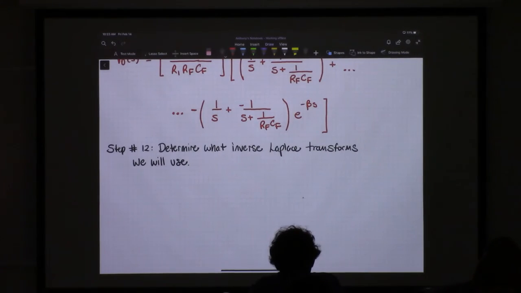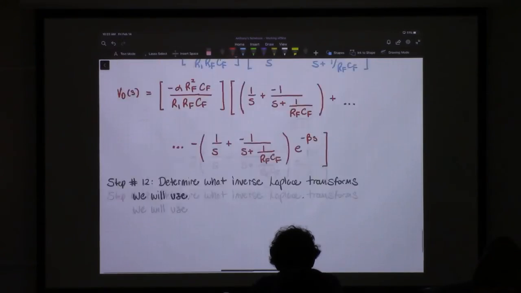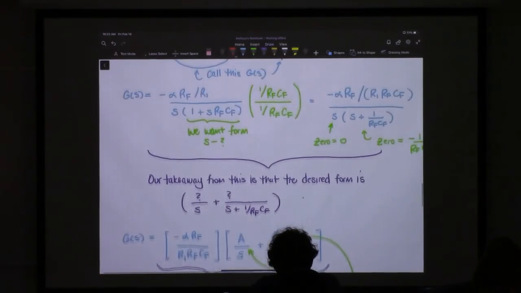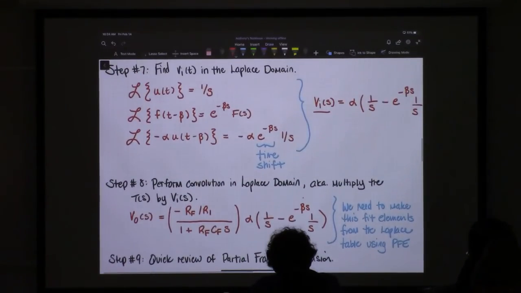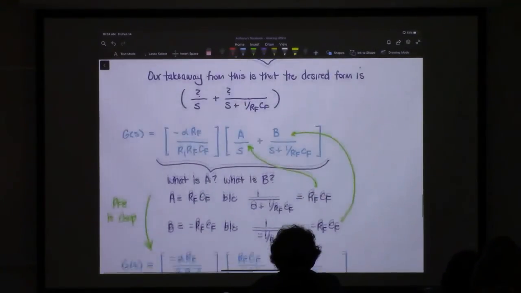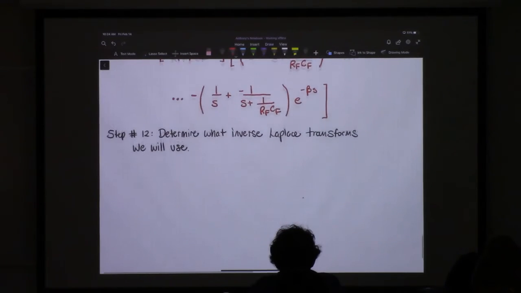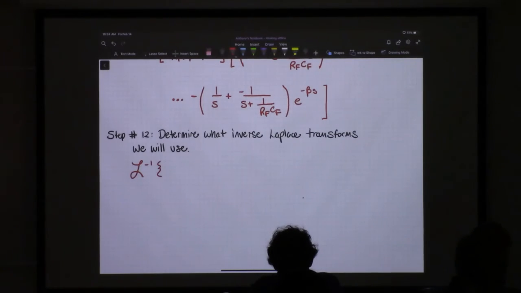So what inverse Laplace transforms are we going to use? I think we listed those out somewhere up above. Well, essentially, there's two different forms that we have. We have to deal with inverse Laplace transform of 1 over s, which is going to be equal to u of t, right?